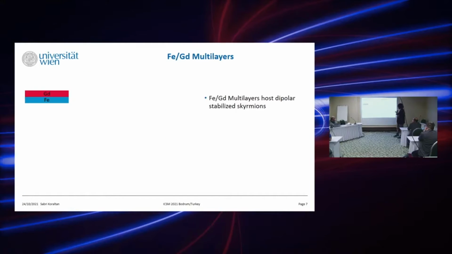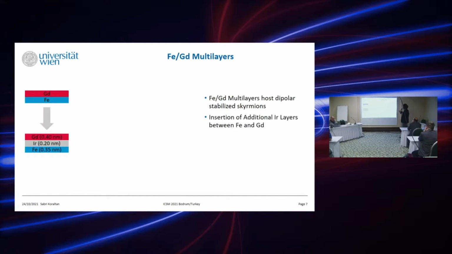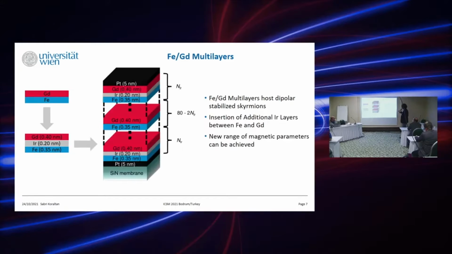So we again have iron gadolinium multilayers, but this time we are inserting an iridium layer. By this technique, we are able to create a multi-stack which further reduces the saturation magnetization as well as the uniaxial anisotropy constant.